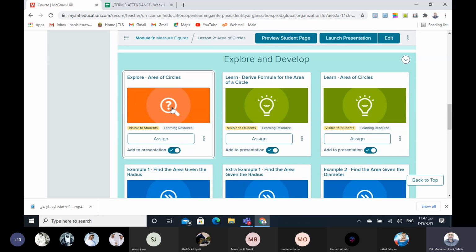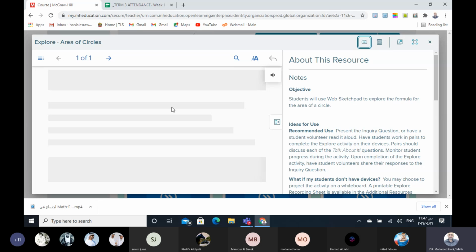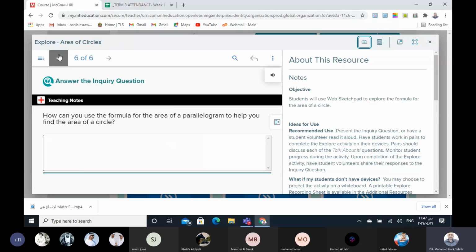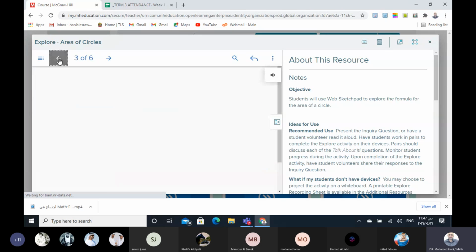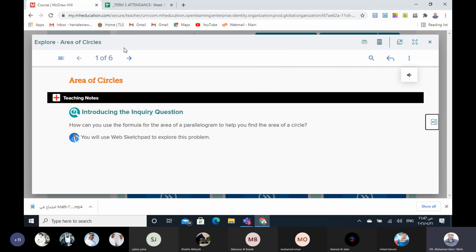So, what is the meaning of the area of the circles? How can you use the formula of the area of a parallelogram to help you find the area of a circle?